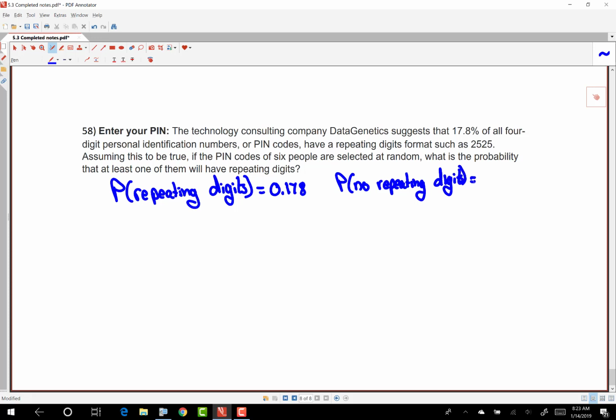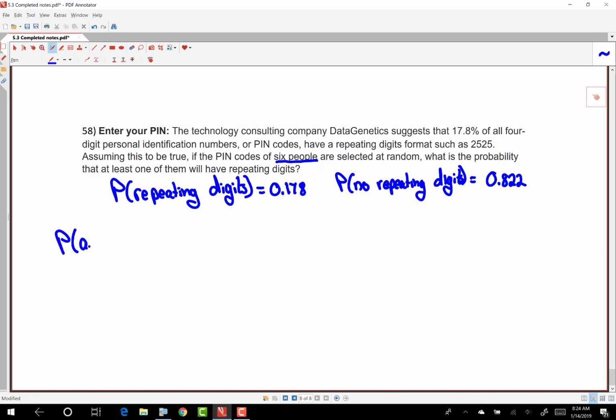And so then the opposite of that, the probability of no repeating digits, is going to be 1 minus that. So 1 minus 0.178 is 0.822. And so we're going to select 6 people. So that tells me I'm going to be using the multiplication rule. What is the probability that at least one of them will have repeating digits?